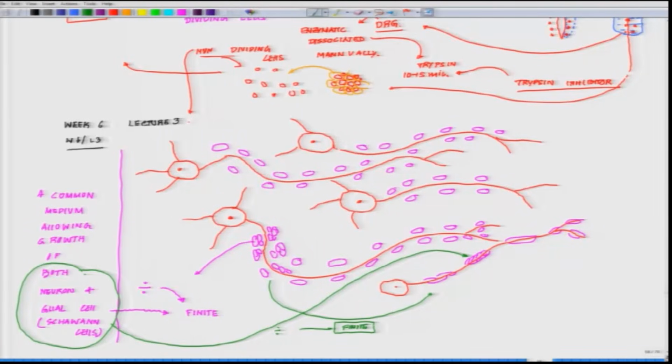You won't be able to really figure it out. How can one do so? Then possibly at some point, in order to restrict the division, you may have to use something called an anti-mitotic. An anti-mitotic is something which prevents the mitosis from happening.